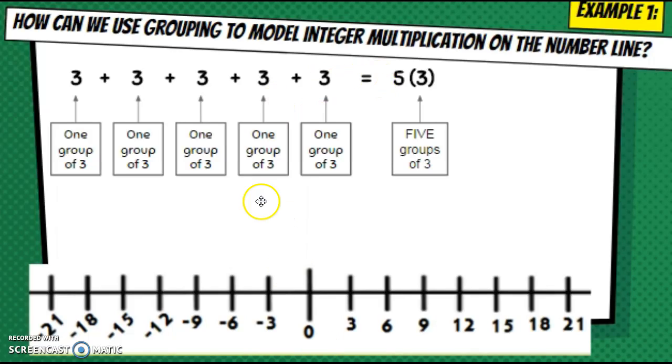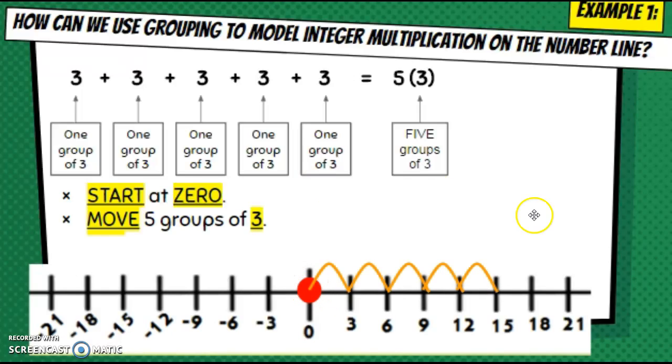When you set up your number line, the easiest way to do it is to set it up by the group size. So if each of your groups is worth 3, on the number line, you would want to skip by 3s. So that means that each space here represents one group of 3. Then, if you think about the idea of 5 groups of 3, first, when you're multiplying, you always start at 0.